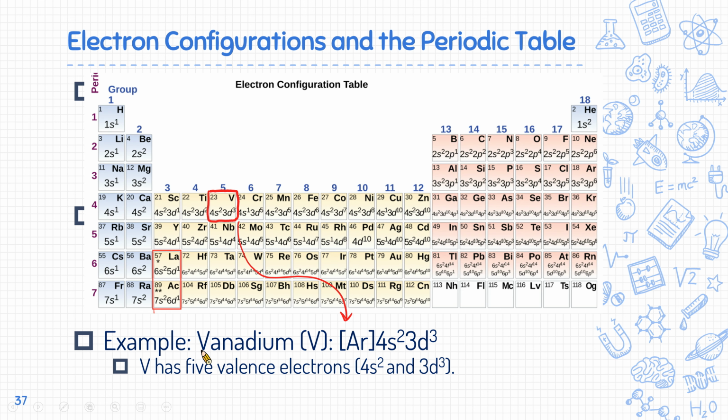For example, V, the element here, the valence electrons are 4s2 3d3. This element has 5 valence electrons, 4s2 and 3d3.